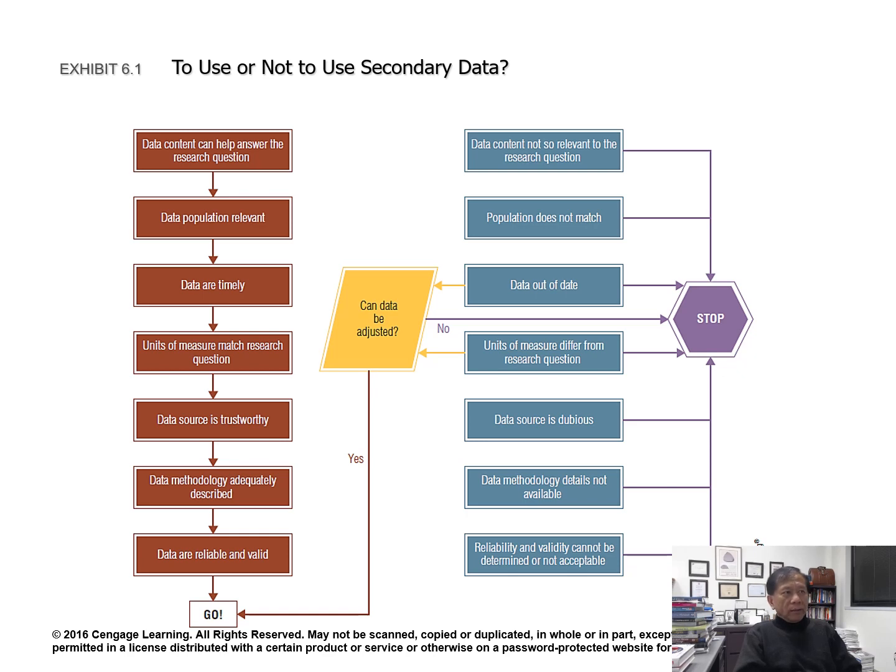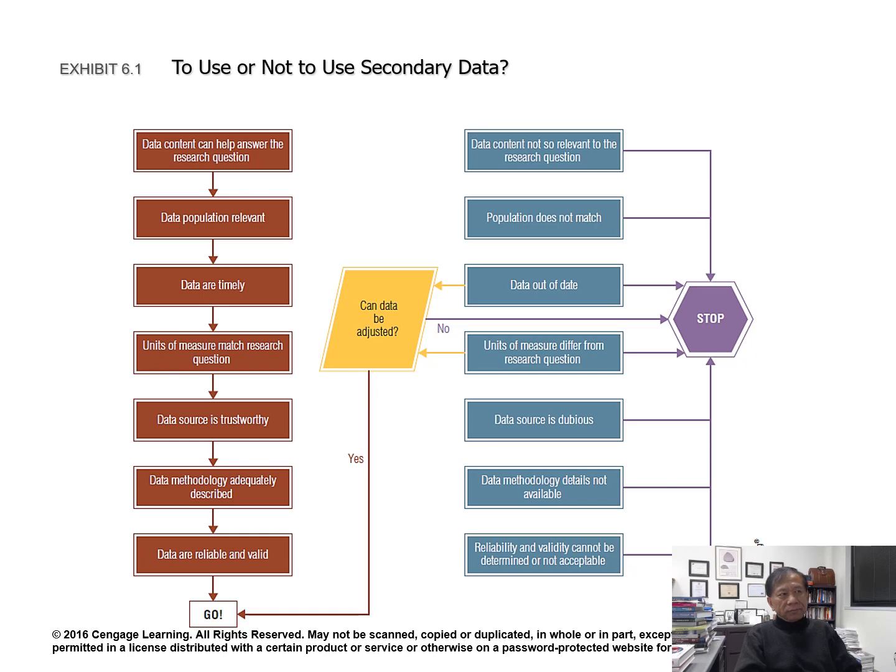So you should ask yourself these questions. If the data content is not relevant to the research question, you probably should stop. If the population does not match, you probably should stop. If the data is out of date but can be adjusted, you might go.